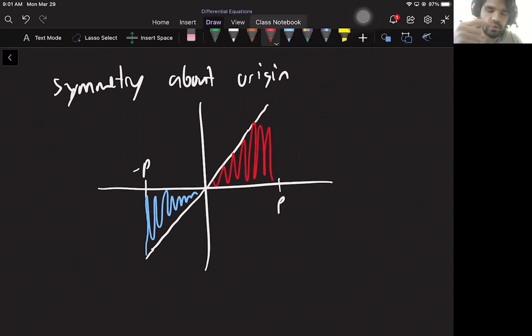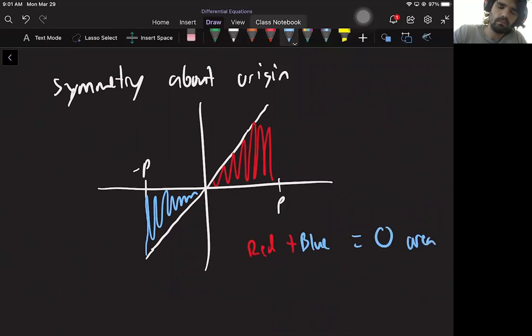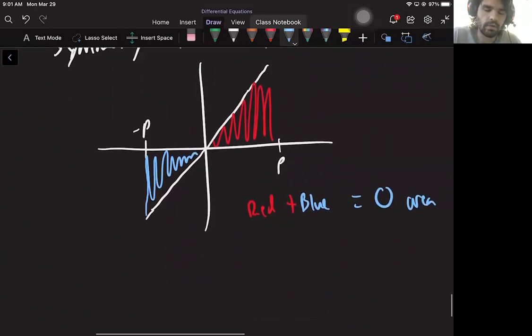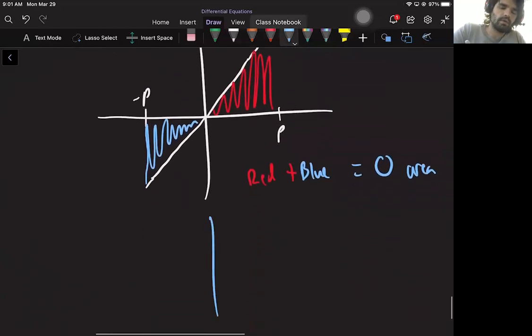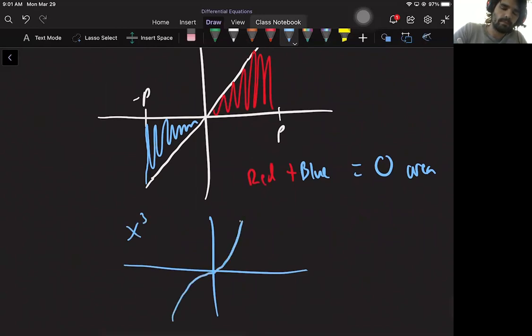But their signs are different, so when you add them together, you'll get 0. And this will always happen for an odd function because it's symmetric about the origin. So another example is like x cubed, for example. We'll do the same thing. So this area will match this area, and they'll cancel to be 0 when you do the integral.